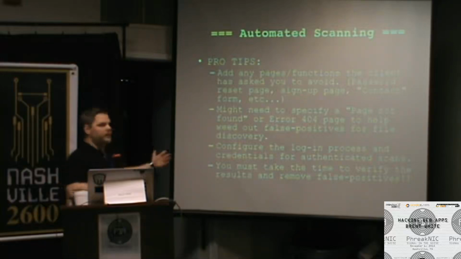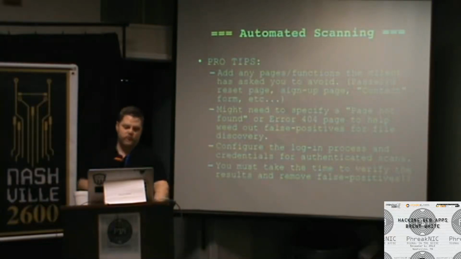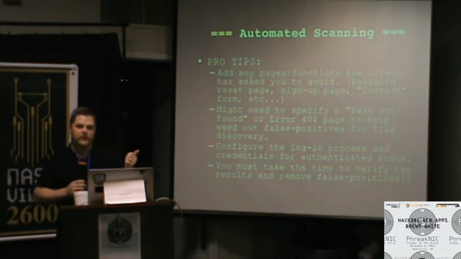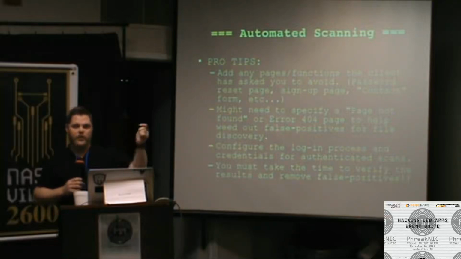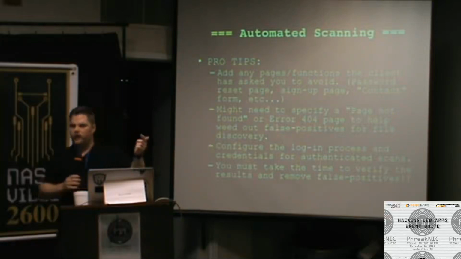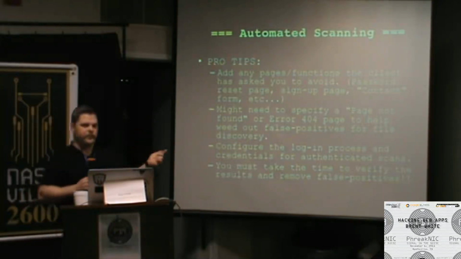Something I don't have on here that I want to make sure to stress too is always do an application assessment as an unauthenticated user and then as an authenticated user. So in the kickoff call, make sure you ask: are there admin level credentials? And I also need regular level user credentials.